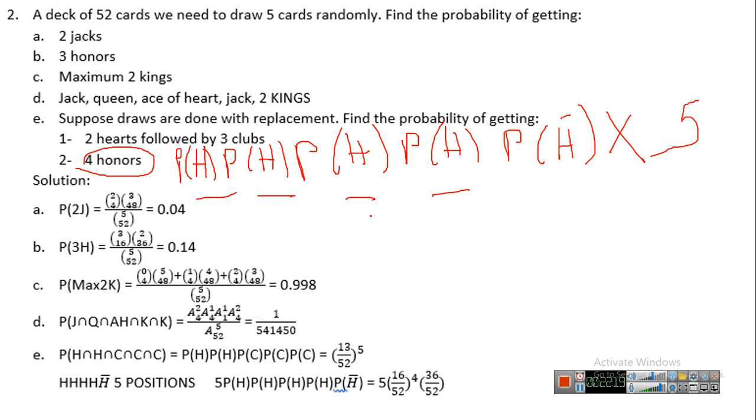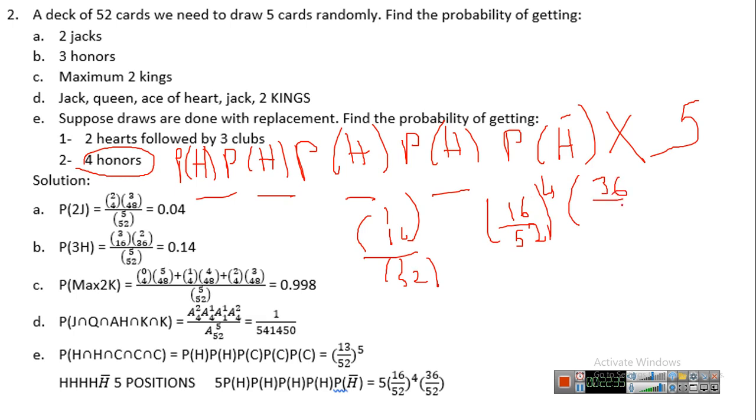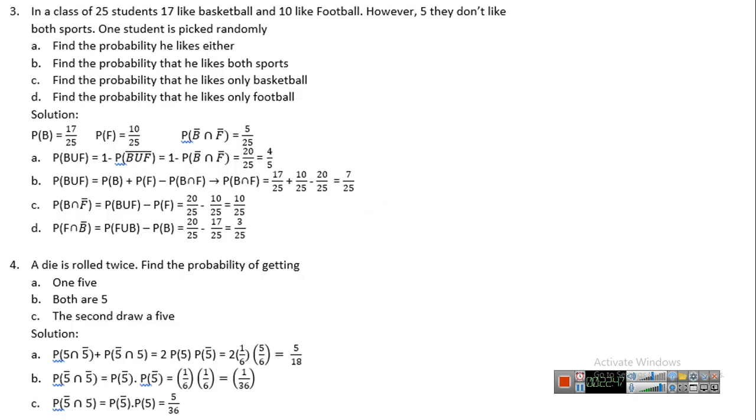And honors, you know that you have 16 out of 52, so it's 16 over 52, power 4, and 1 not honors, 36 over 52. But if you want to do it in this order, we don't do times 5. It will be directly P(H) times P(H) times P(H) times P(H) times P of H bar.